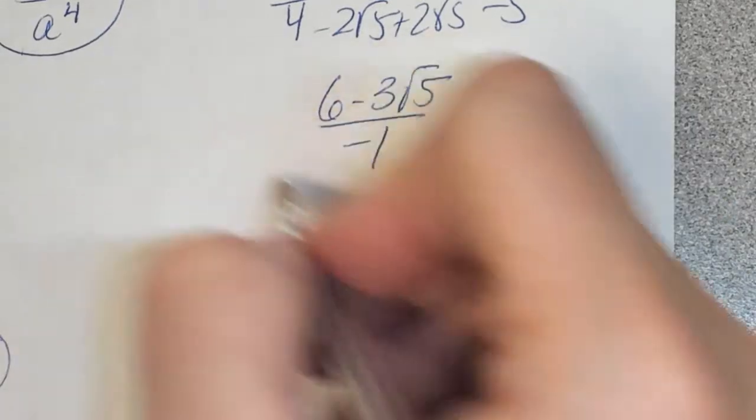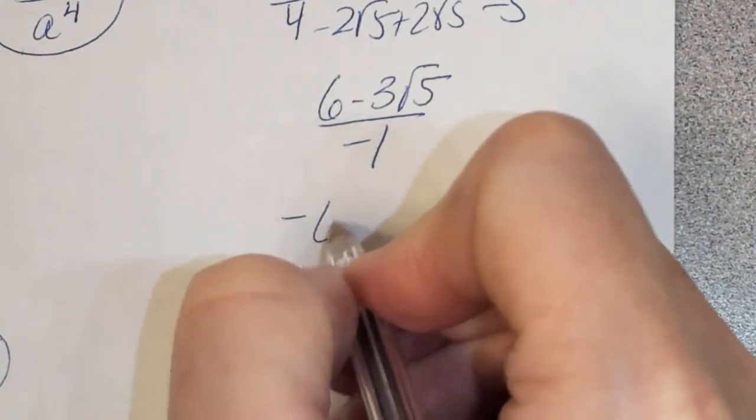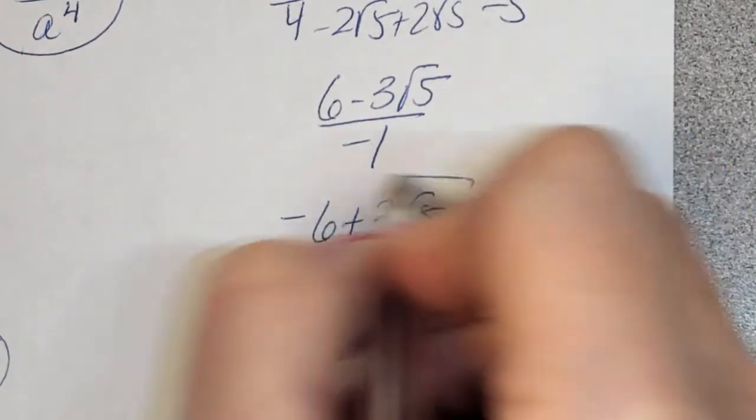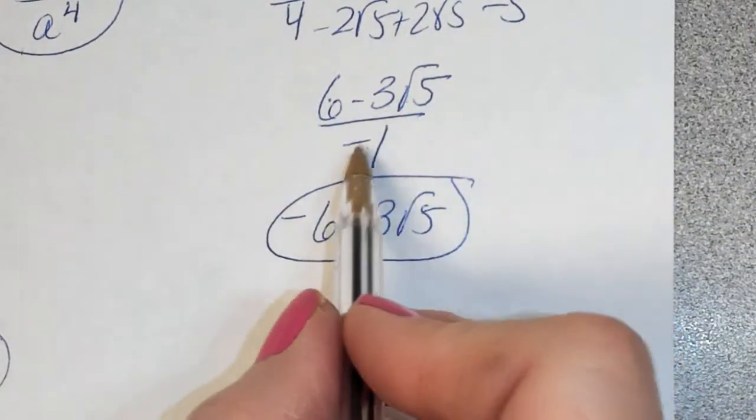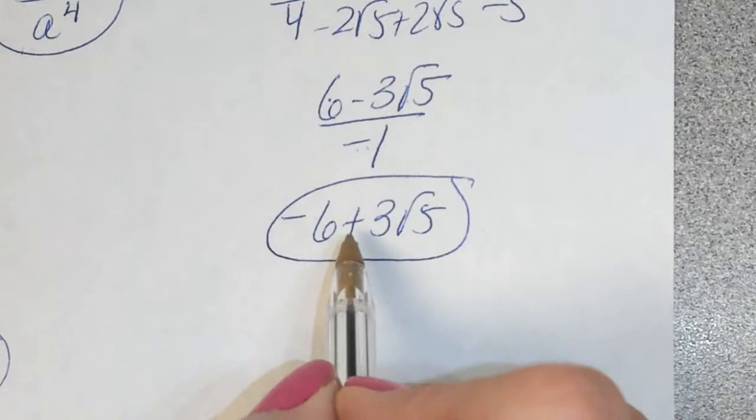And if here, what do you think the answer should be then? -6 plus 2 radical. Good. We have to divide this by -1 and this term by -1. They're both getting divided by -1.